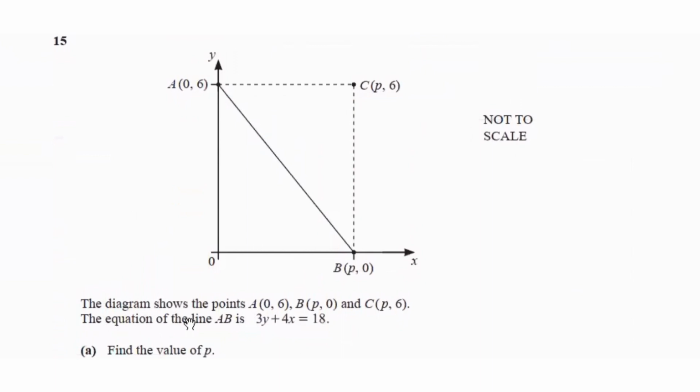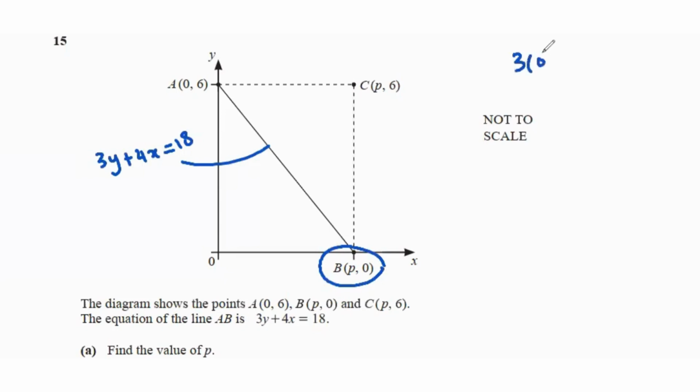Question 15 says the diagram shows the points A, B, and C. The equation of the line AB is 3y plus 4x equals 18. Find the value of P. So this is 3y plus 4x equals 18. We can find the value of P by putting y equals 0.